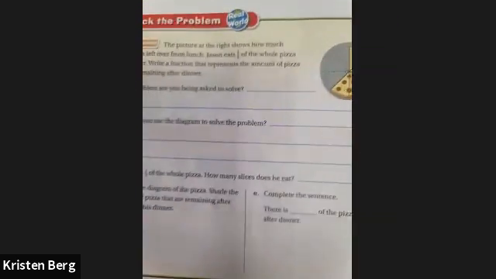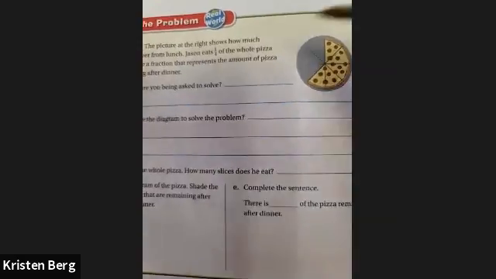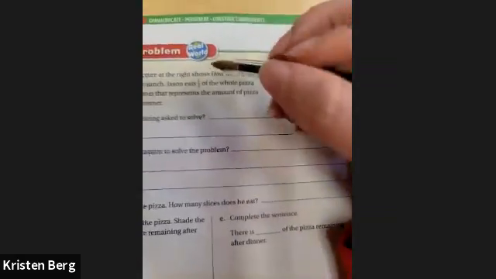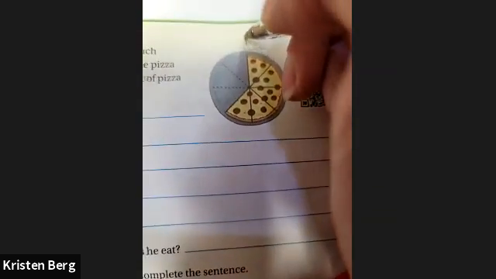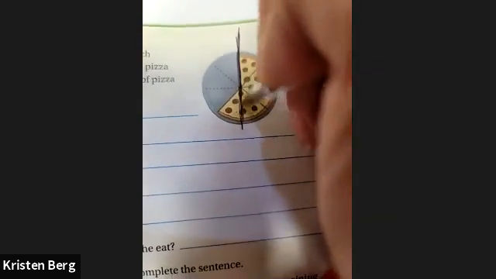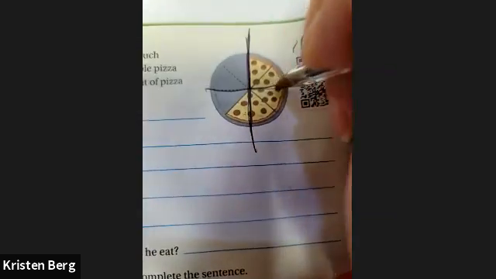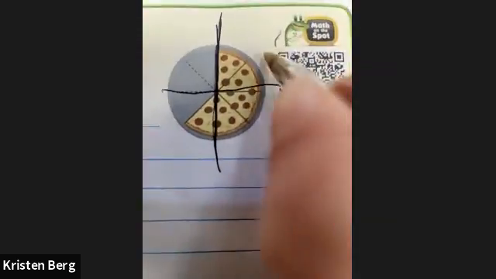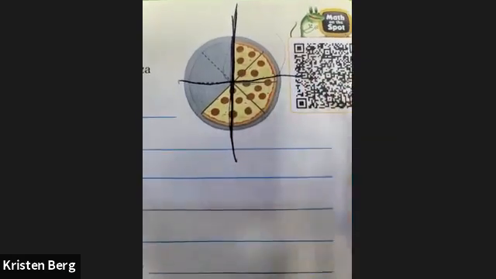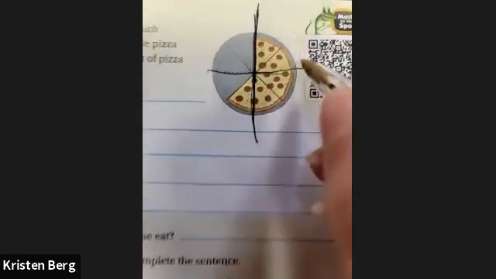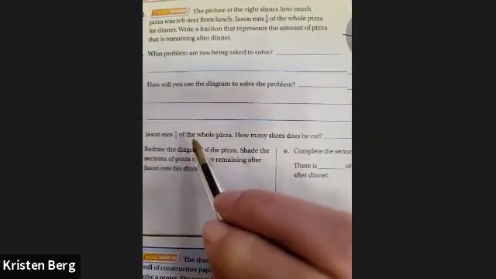All right, so here's the thing. This is what was left, but they said that he ate 1/4 of the whole pizza. Well, what is 1/4 of the whole pizza? If this was an entire pizza, what is just 1/4 of it? 1/4 is actually 2 slices. So if you come over here, it says Jason eats 1/4 of the whole pizza.